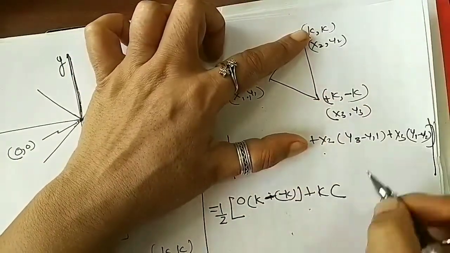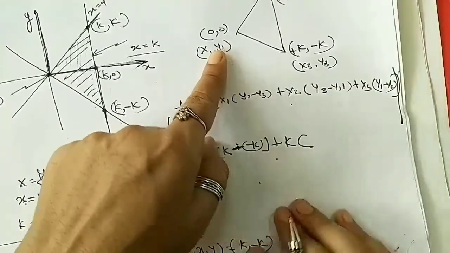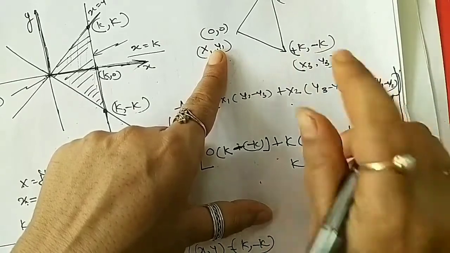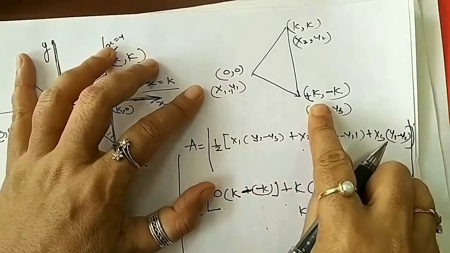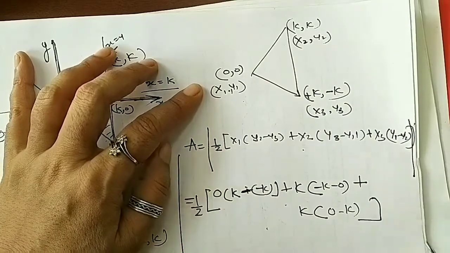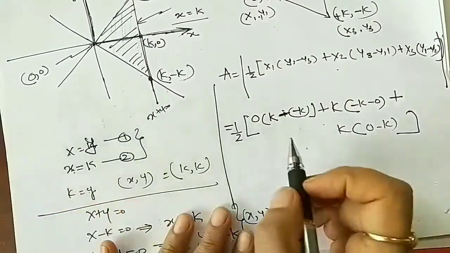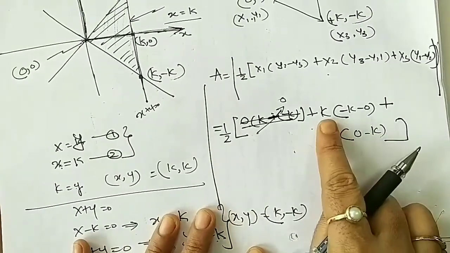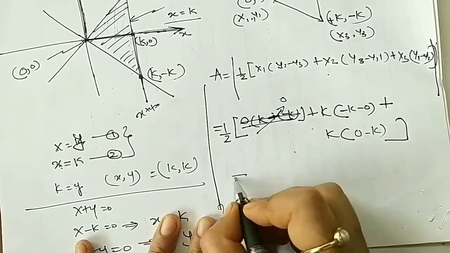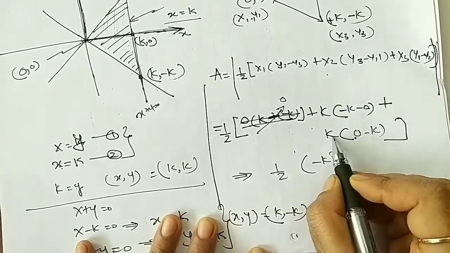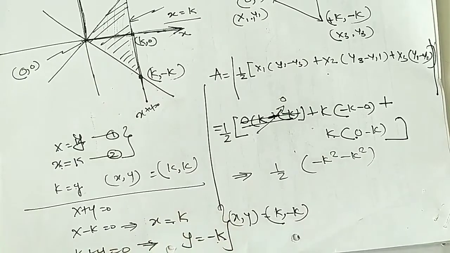It is k, into y3 minus y1, which is minus k minus 0, plus x3, which is k, into y1 minus y2, which is 0 minus k. Now let me simplify. This is 0 into something, so this will become 0 only. Now this is minus k into k, so it will be 1 by 2 times minus k square.